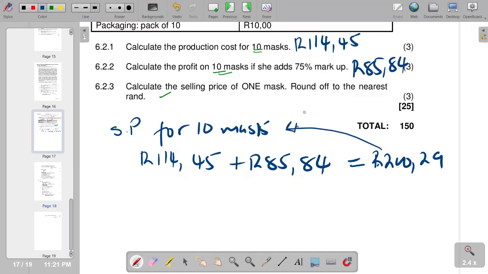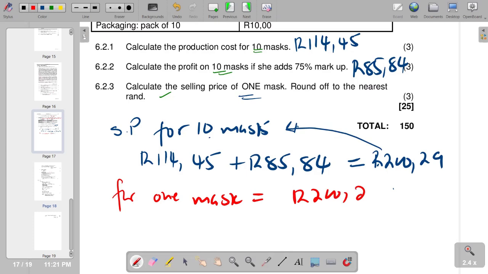So the question is asking for 1 mask, which means we have to divide by 10 to get the price for 1 mask. So for 1 mask, it's equal to our 200 rand 29 cents for 10 masks, and then we are going to divide it by 10. So we calculate it like that.